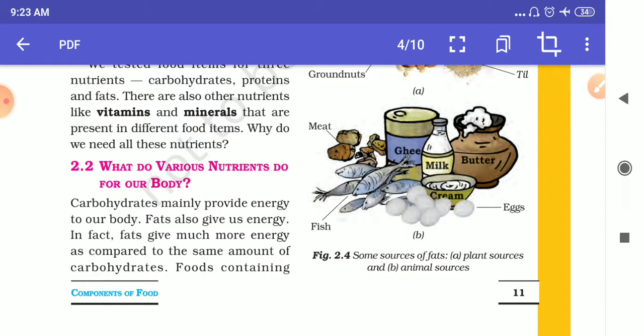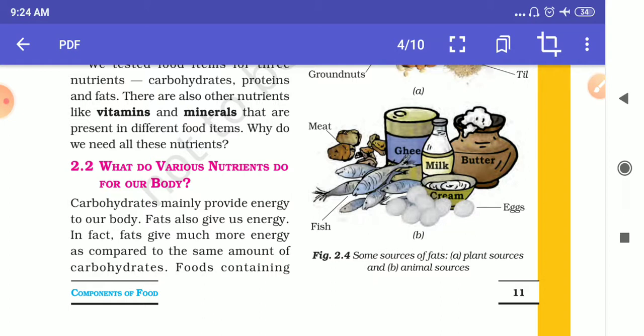Fat provides more energy than carbohydrates. If you take the same amount of fat and the same amount of carbohydrate, you will find that the fat gives more energy than the same amount of carbohydrates.